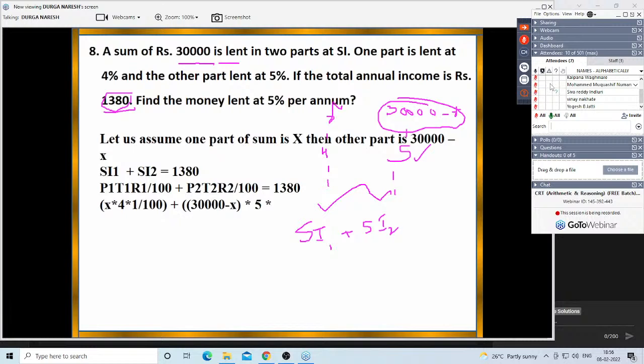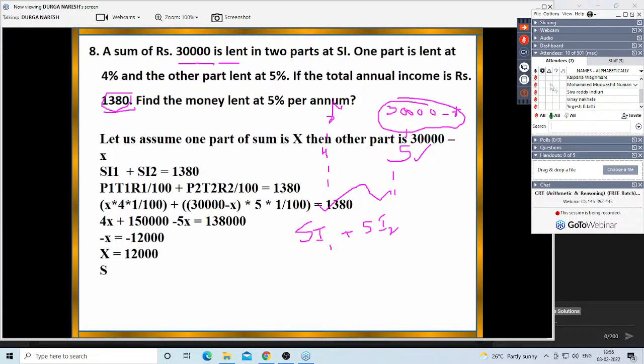First of all, find the value of x. Once you get the x value as 12,000, we have to find 30,000 minus x, that is 30,000 minus 12,000, nothing but 18,000.